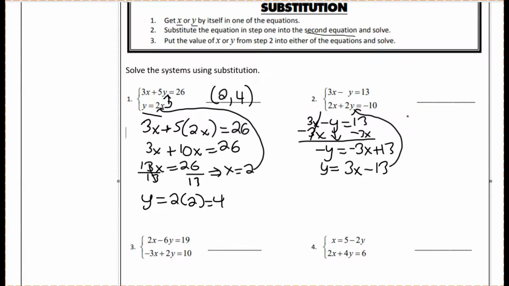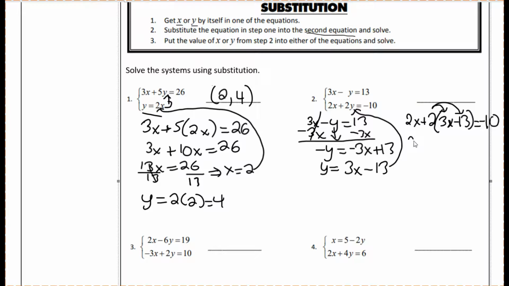So we have 2x plus 2 times, now I'm going to make the substitution, y is equal to 3x minus 13, and that is equal to negative 10. Now we can distribute.